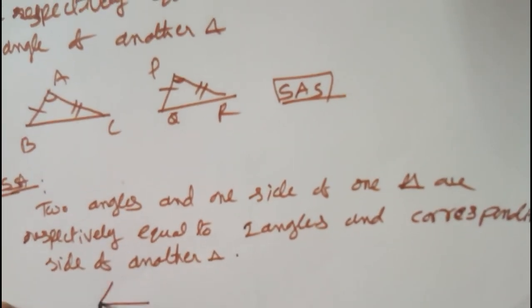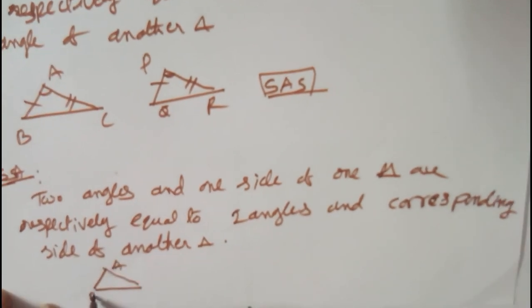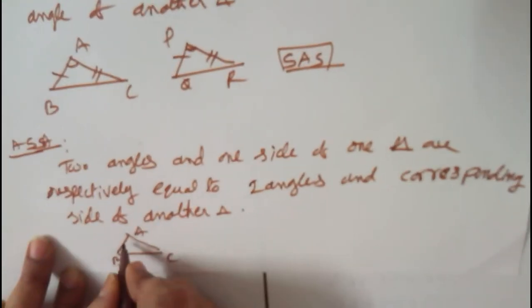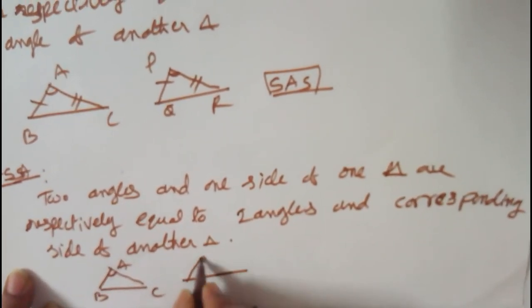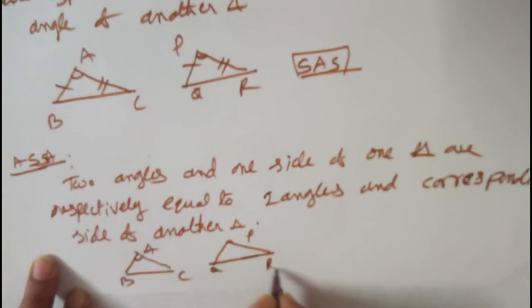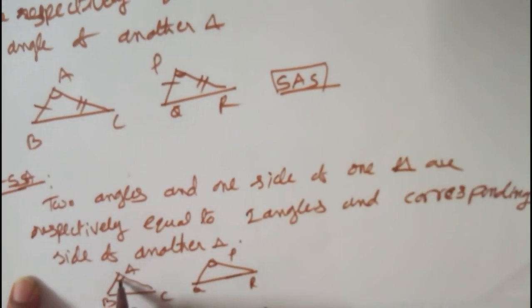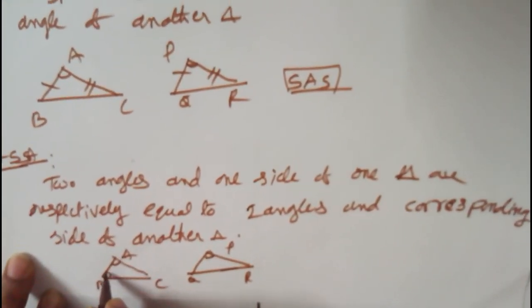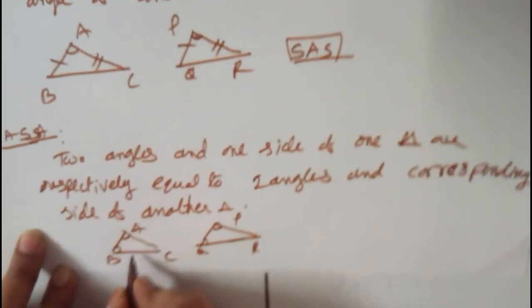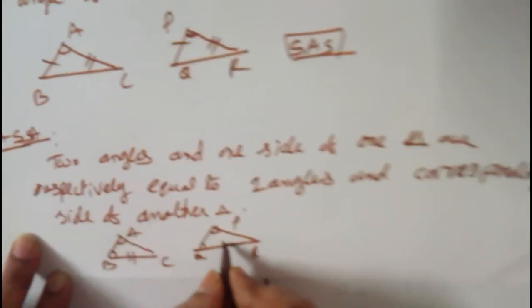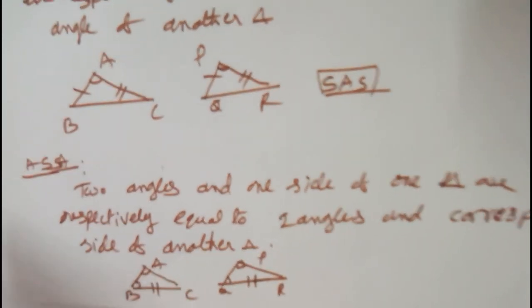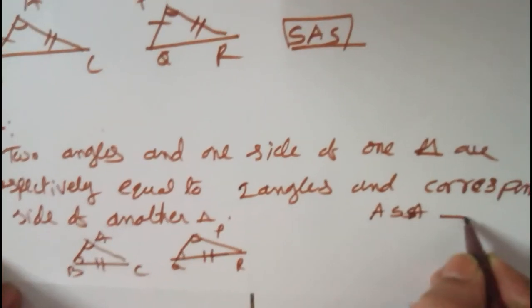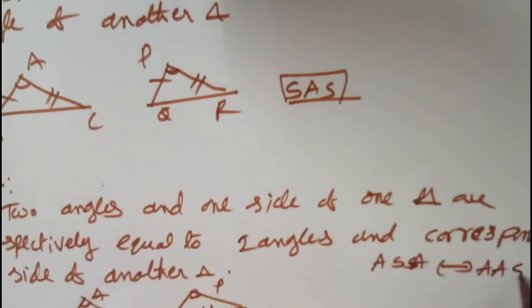Now let us see an example. Triangle ABC, triangle PQR. Angle A is equal to angle P, corresponding part of A is P. Corresponding angle B is equal to angle Q, and then BC is equal to QR. Here we can use ASA as AAS also.